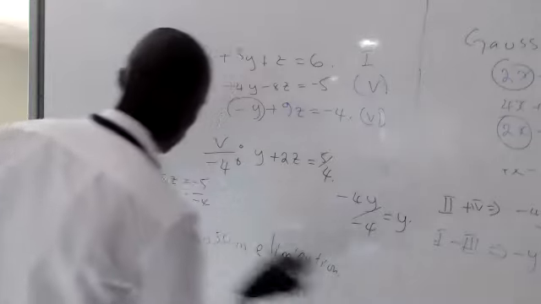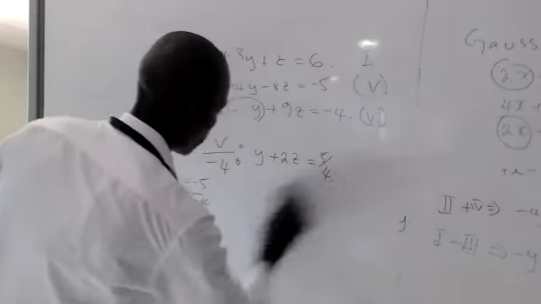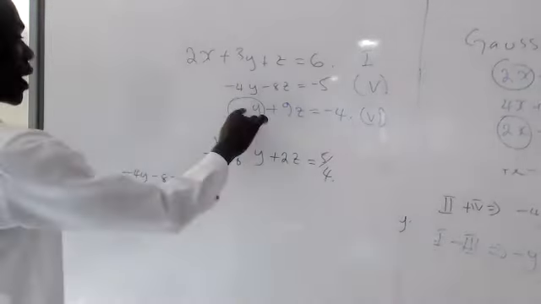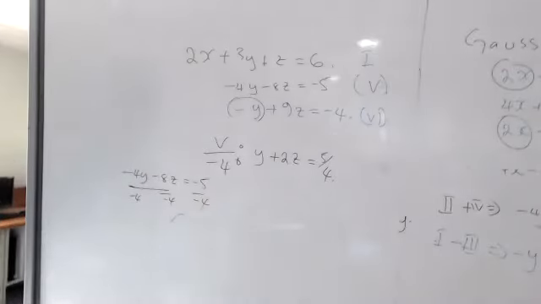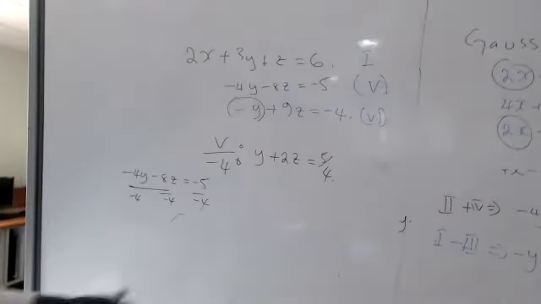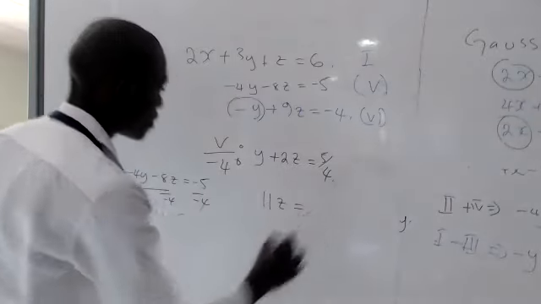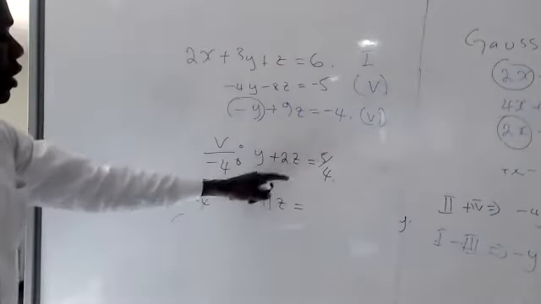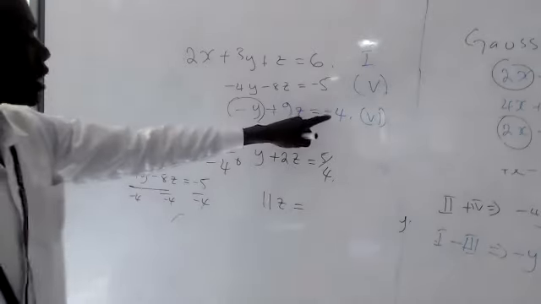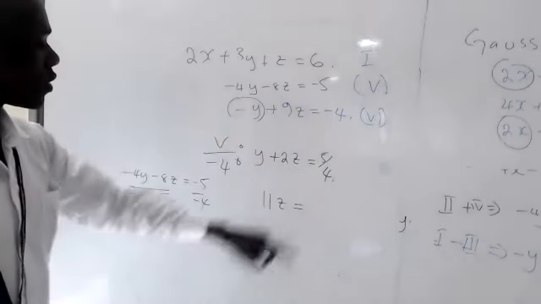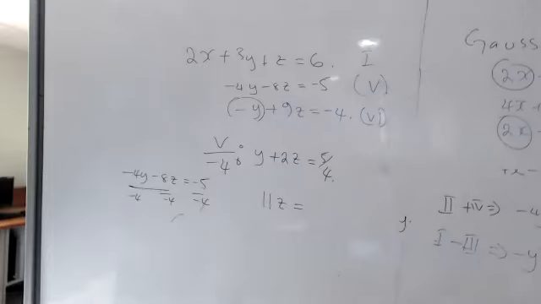So when you add these two equations, -y plus y is 0. So y has disappeared. 9 plus 2 is 11z. Okay, so 9z plus 2z is 11z. And then lastly, -4 plus 5/4. What does that give you?